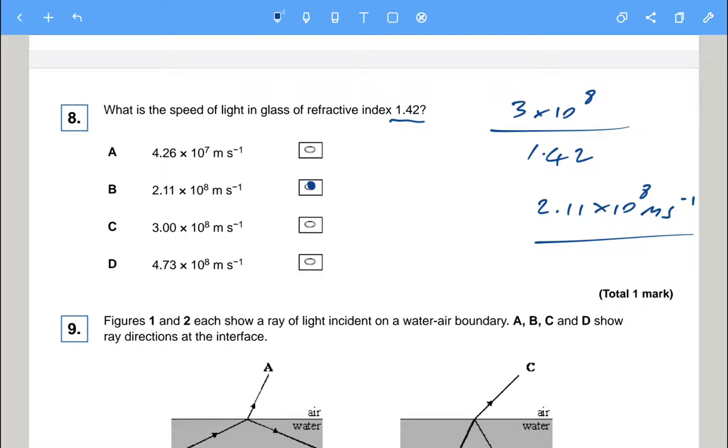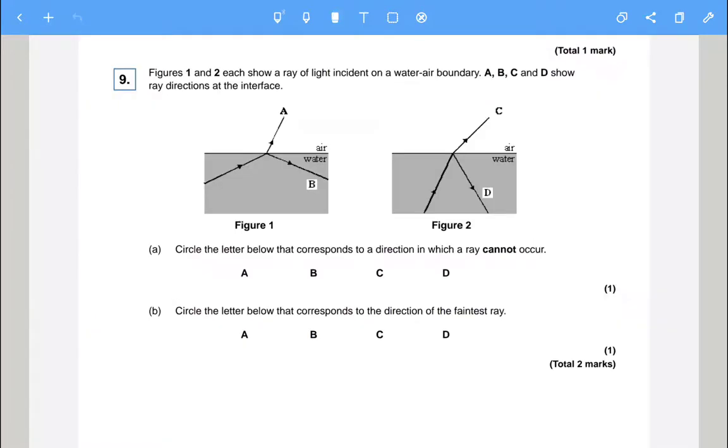Right, let's look at the last one. Figures 1 and 2 each show a ray of light incident on the water-air boundary. So A, circle the letter below that corresponds to a direction in which a ray cannot occur.